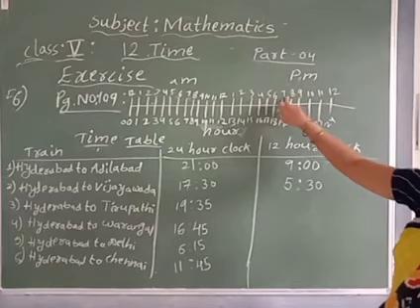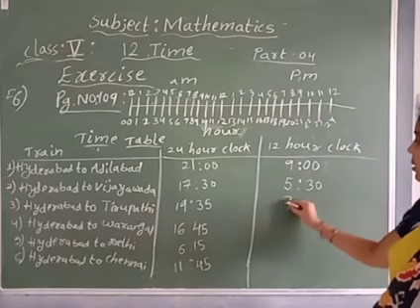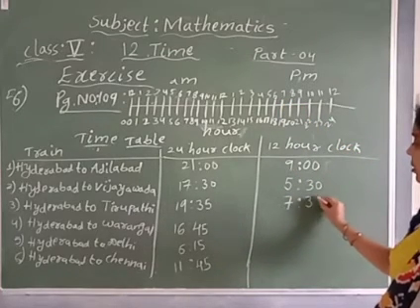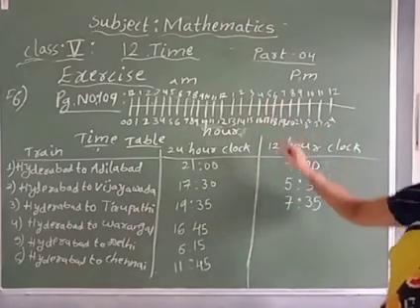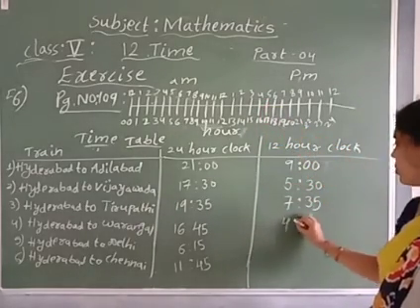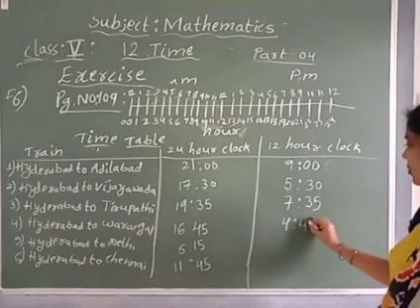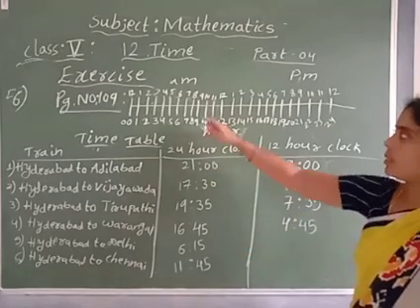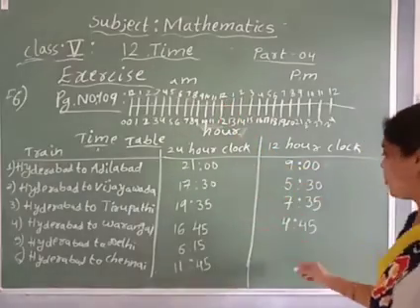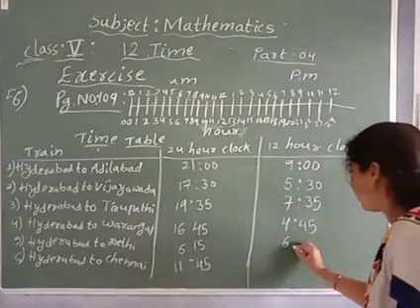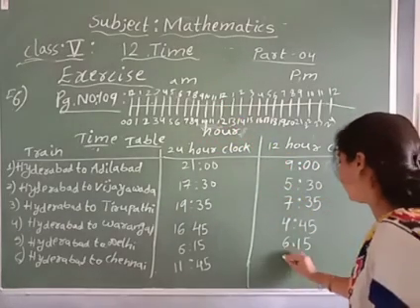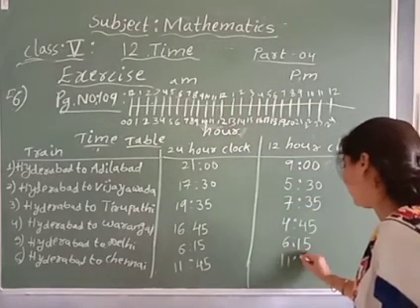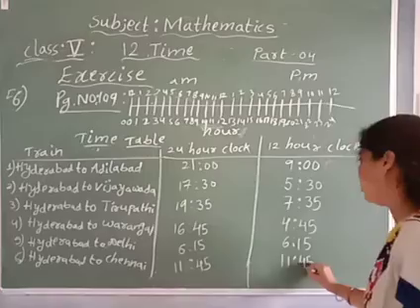It means 7:35. 16:45, 16 means 4:45. 6:15, 6 only, 6:15. 11:15, 11. So till 12 it is the same, but after 12 it changes.